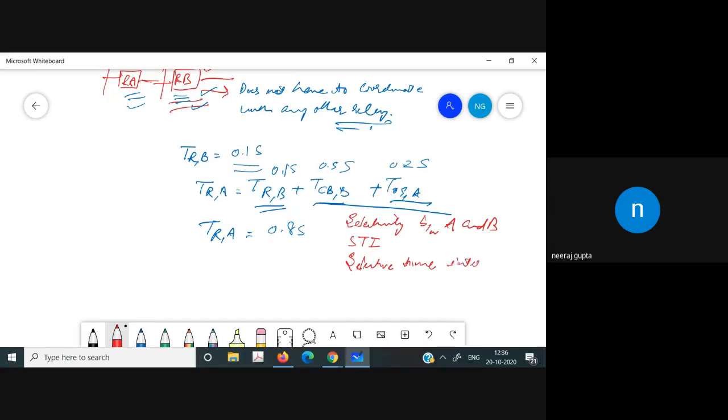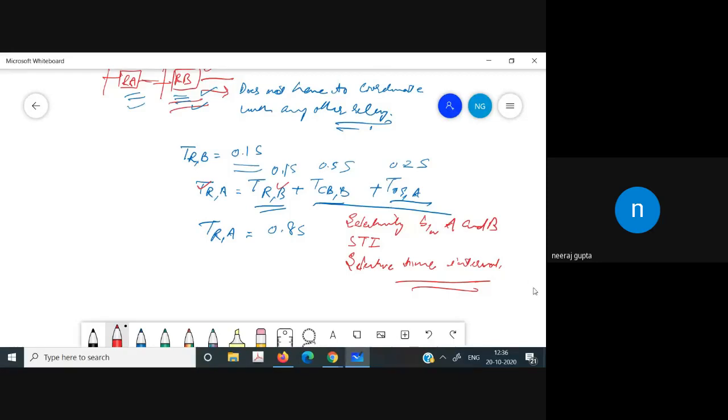Between the time interval of A and B, there is the selective time interval, and we have to take that into consideration.